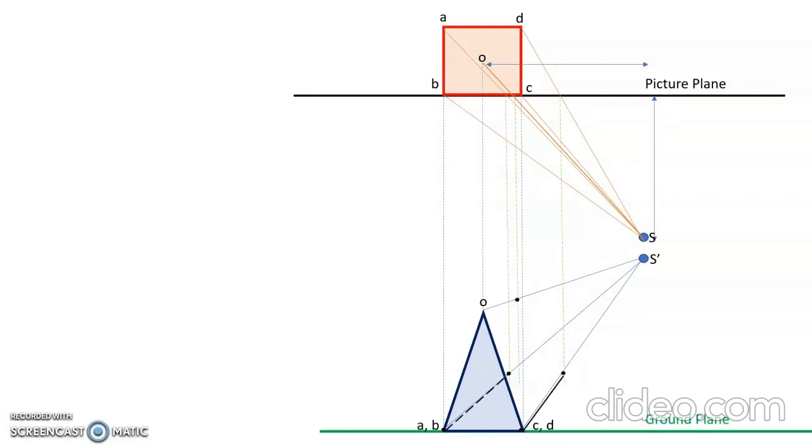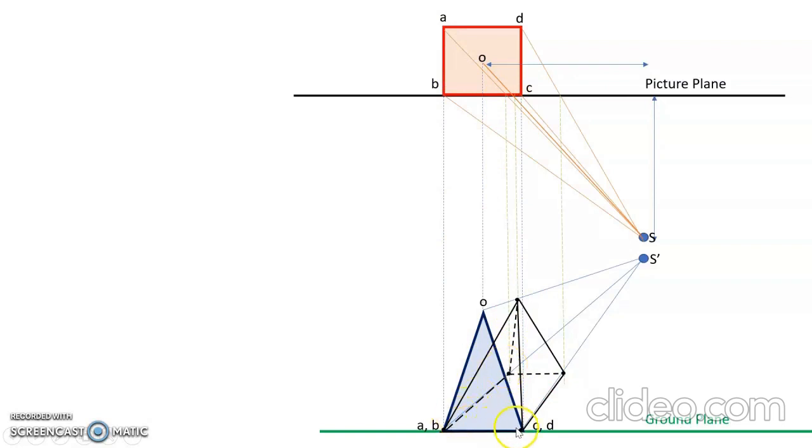First I am drawing the square, and with the 4 base corners I am connecting the apex. So these 3 edges are visible, and the behind edge is not visible, which is A. This is coming from A. This A alone is not visible.